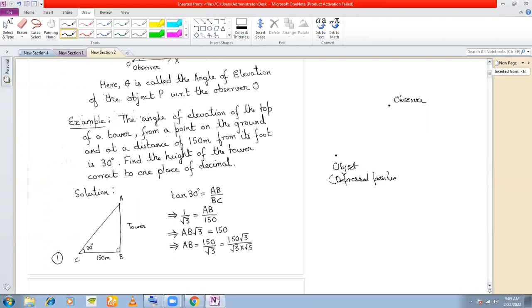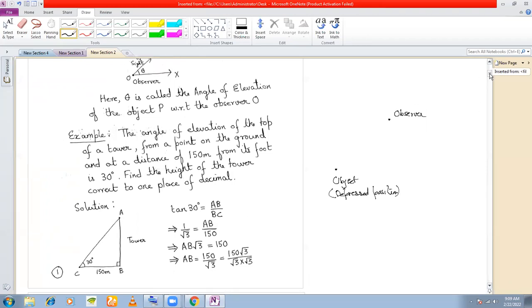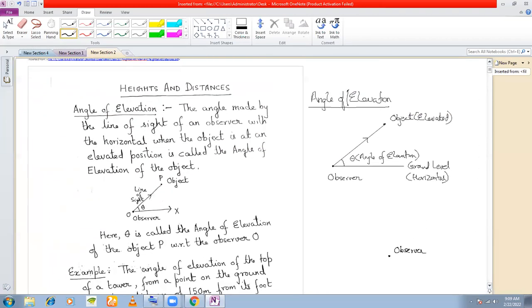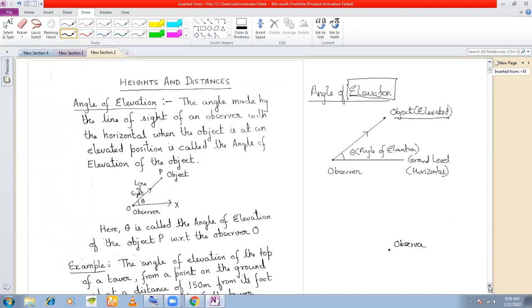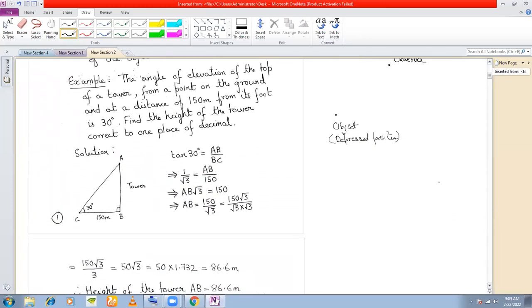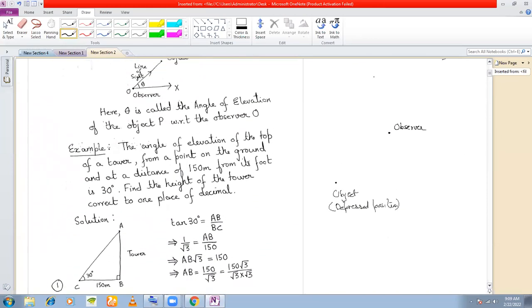In angle of elevation, the word elevation was with respect to the object, which is at an elevated position. Here also, when we talk about angle of depression, you see that the object is at a depressed position. So now what should this angle be?